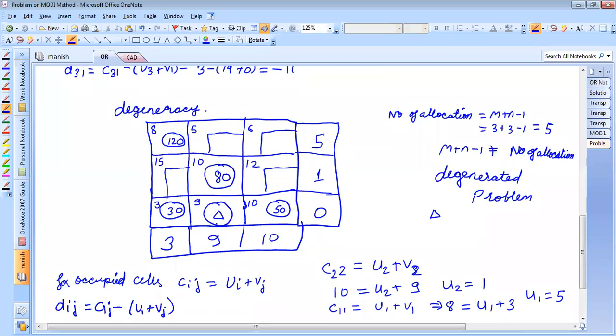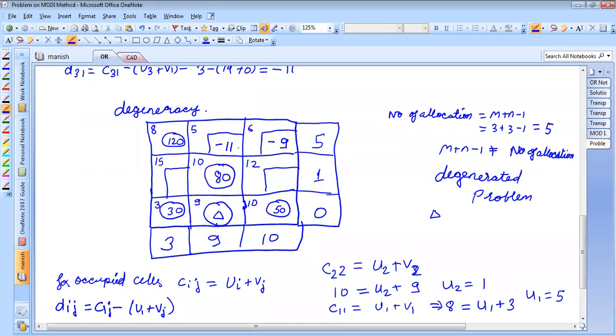For 1, 2, C12 will be equal to 5 minus of 5 plus 9. 5 plus 9 is 14. 5 minus 14 is minus 9. So this will be minus 9.